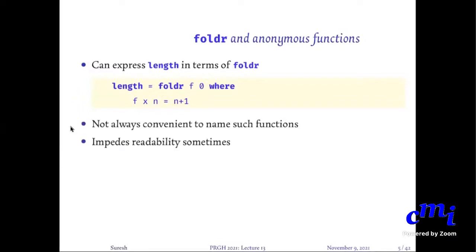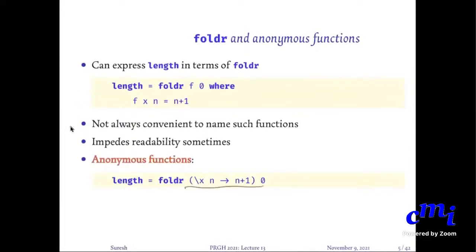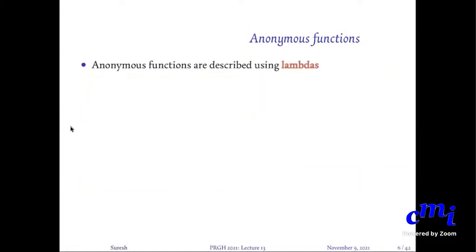It's not always convenient to come up with names for these things. Lambda x n means x and n are the arguments, and n plus 1 is the body of the function. You don't need to give a name to every function. That is a function that takes 2 arguments and returns something which is defined by the body.